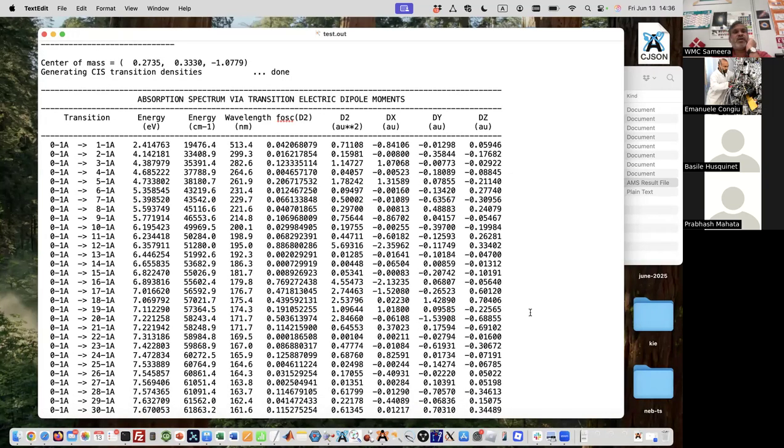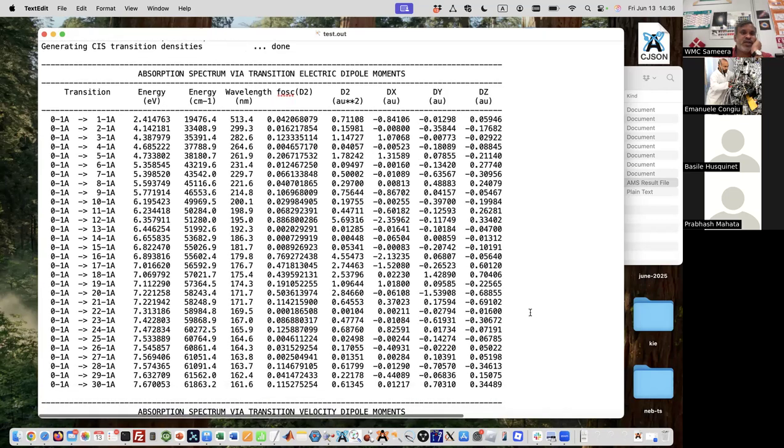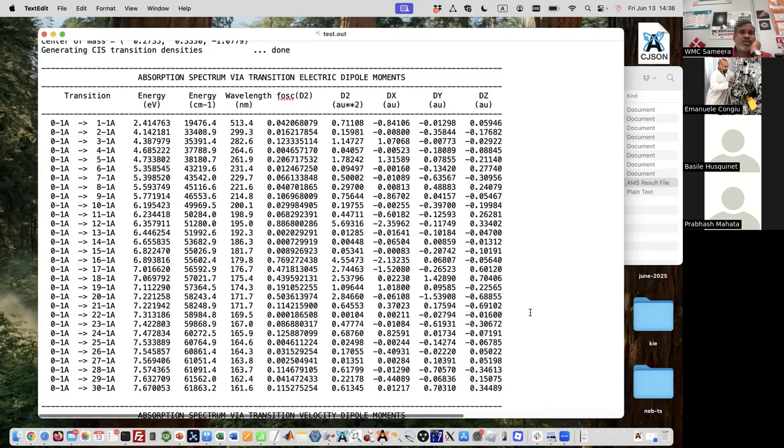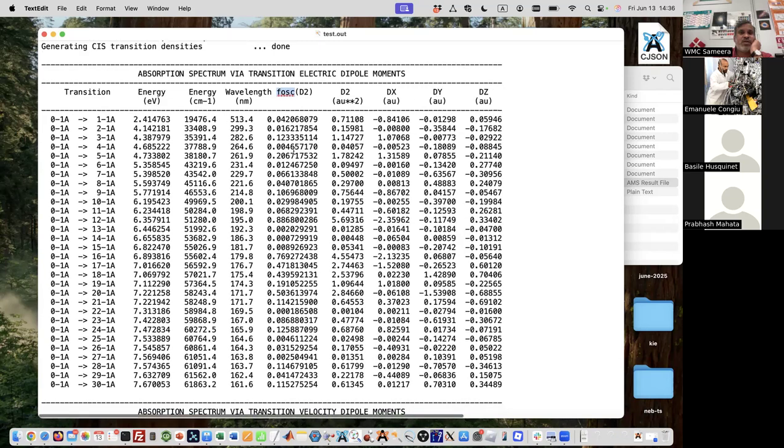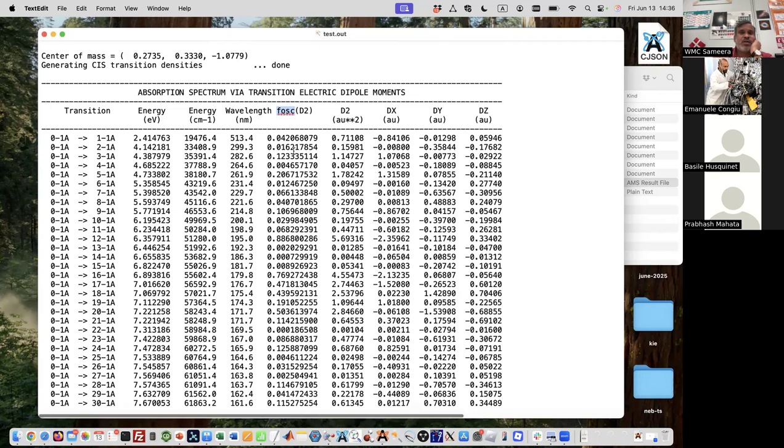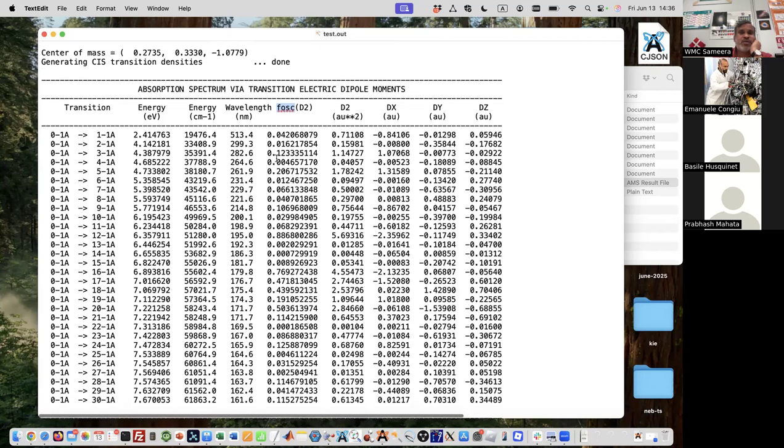Now you can see 30 different excitations, and here you can find the wavelength, and this parameter here is important. It tells about the strength of the excitation.